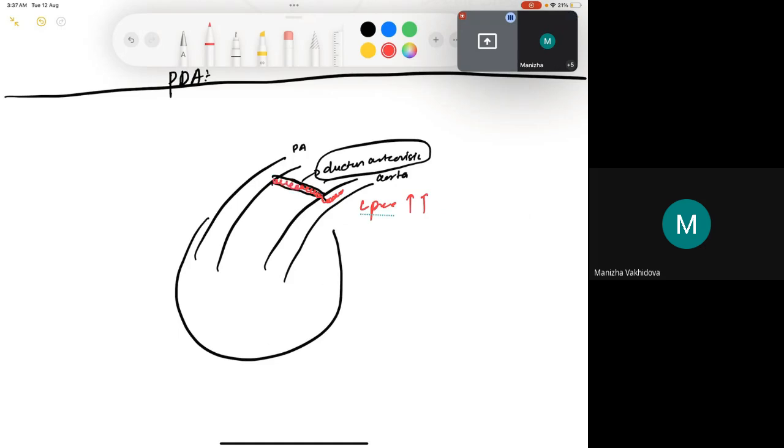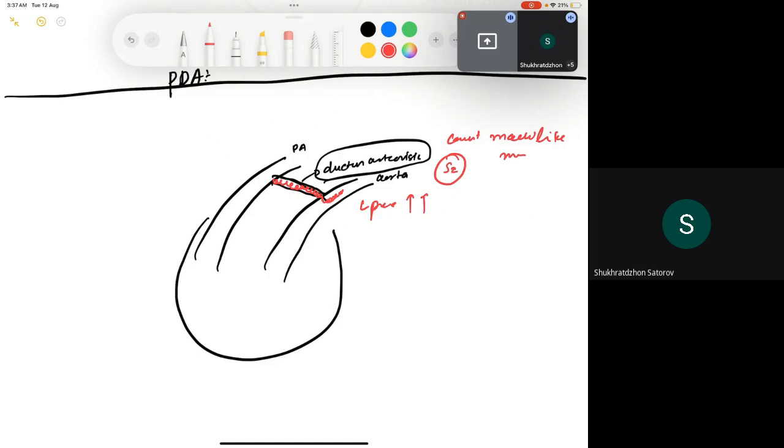Which murmur is going to be associated with patent ductus arteriosus? A continuous, machine-like murmur, right?